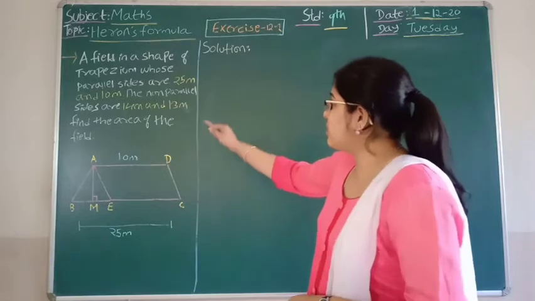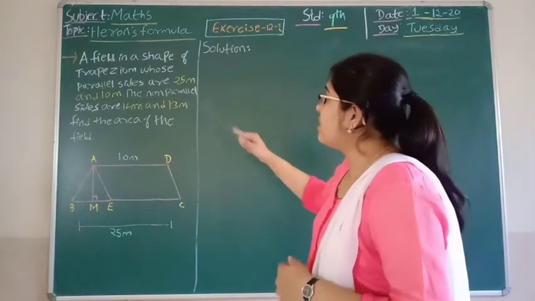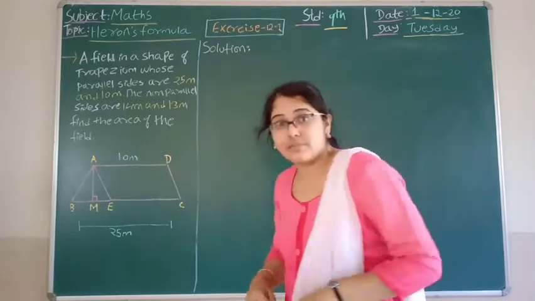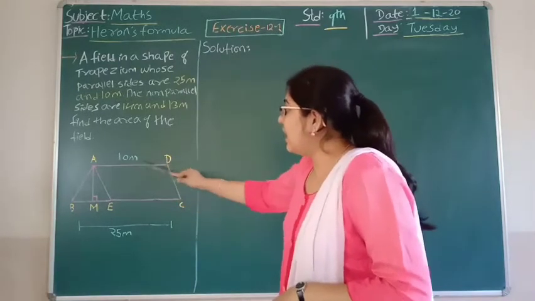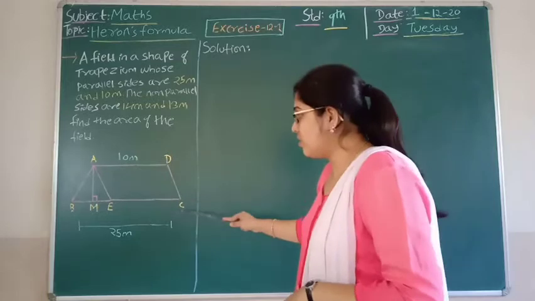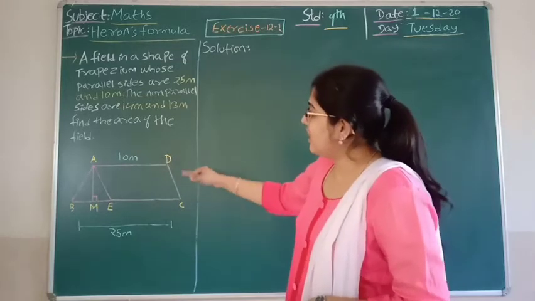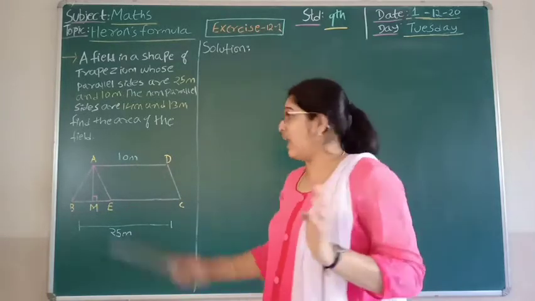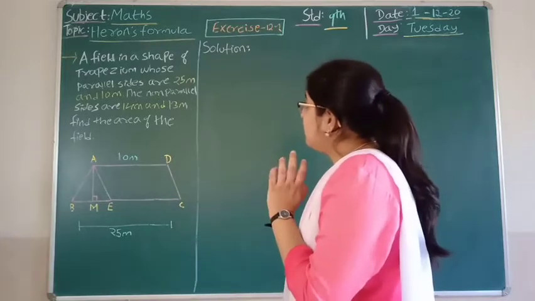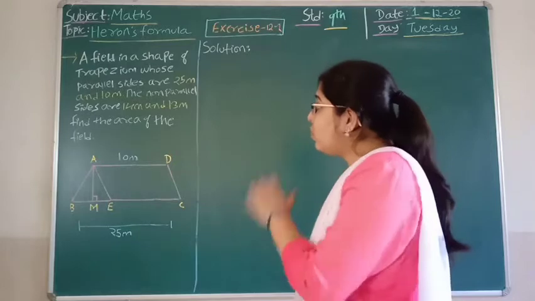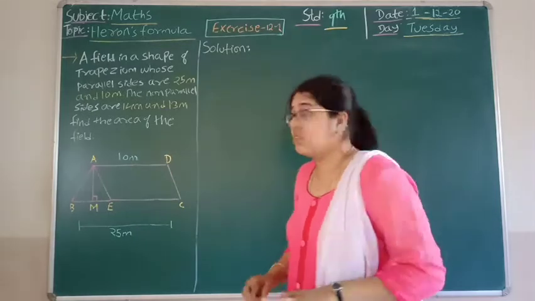Its parallel sides are 25 and 10 meter. If you are able to see, we have AD as 10 and BC as 25. So these parallel sides are 10 meter and 25 meter respectively, and the non-parallel sides are 14 meter and 13 meter.